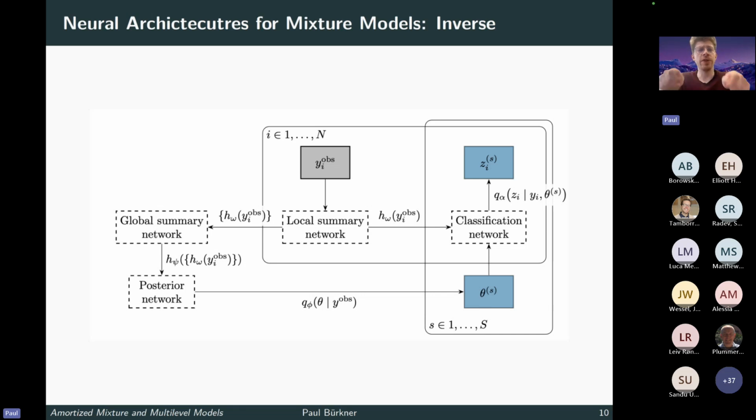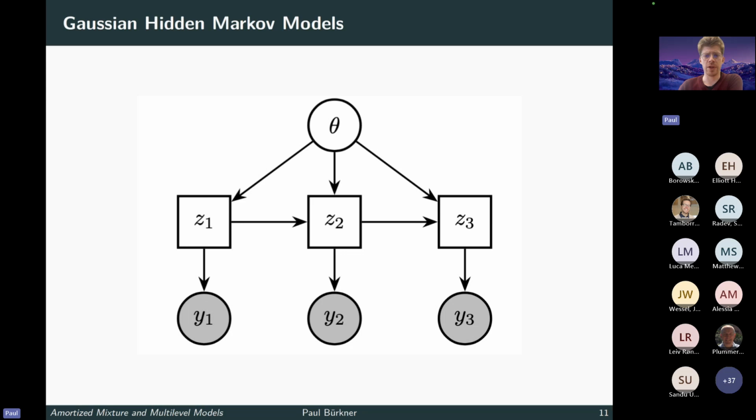Notably, with this architecture, we can have a varying number of observational units. This n, the number of observational units, can vary across data sets because we have amortized in a way that we can always have the local summary network handle only the local information for the specific ith observational unit. So that's the general idea. We will see the same for multi-level models.